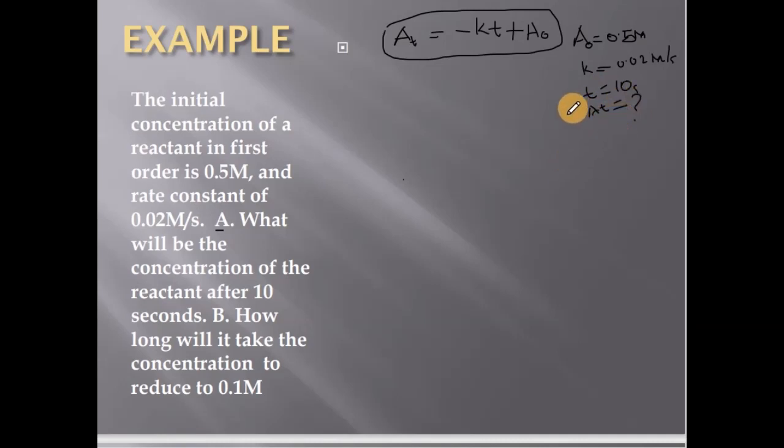Then for the B part of the question, we want how long, we want a time, given the A_t to be equal to 0.01 molar. So let's see how best we can solve this question. Let's look at the first one. For the first one, the A_t is unknown. We know the k, we know the time, we know the A naught.